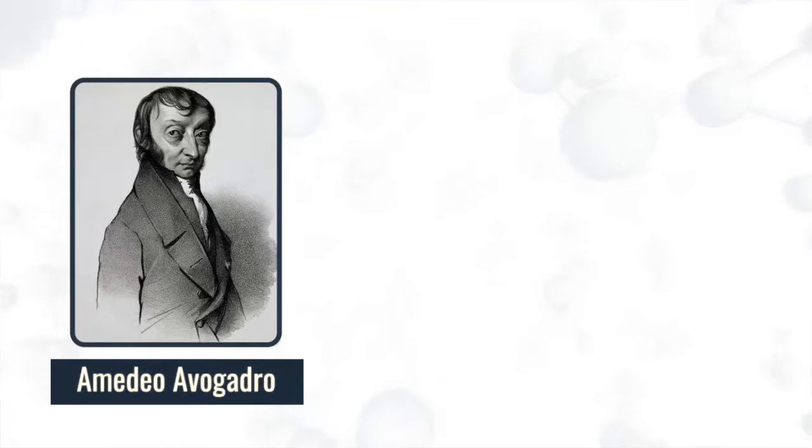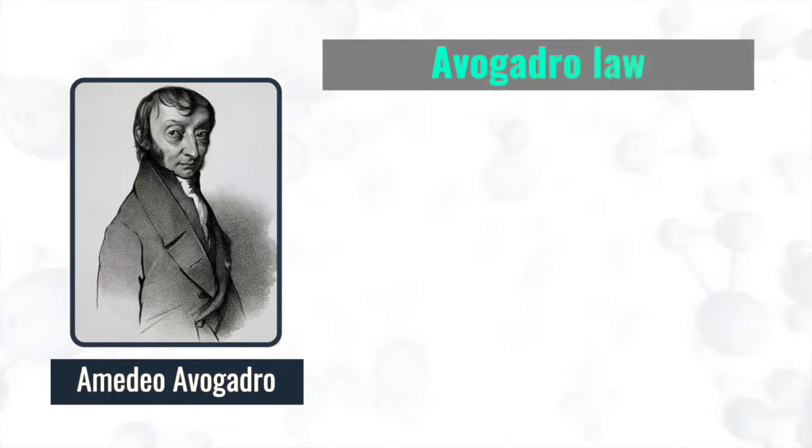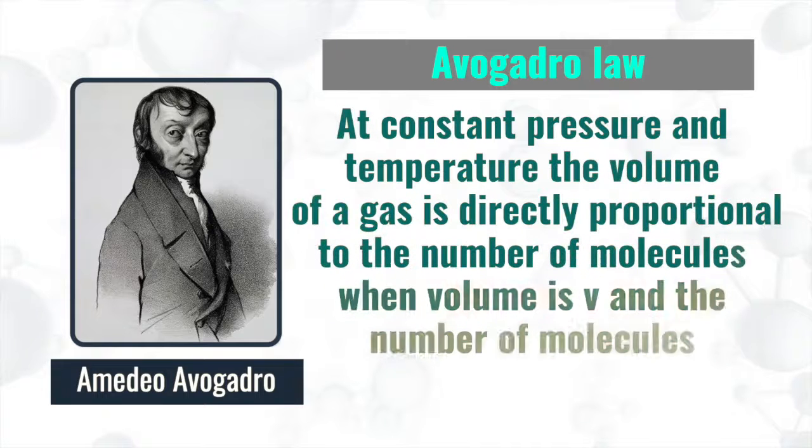It was the Italian scientist Amedeo Avogadro who found this relation between the volume of the gas and the number of molecules. This is known as Avogadro's law. So, what is Avogadro's law? At constant pressure and temperature, the volume of a gas is directly proportional to the number of molecules.